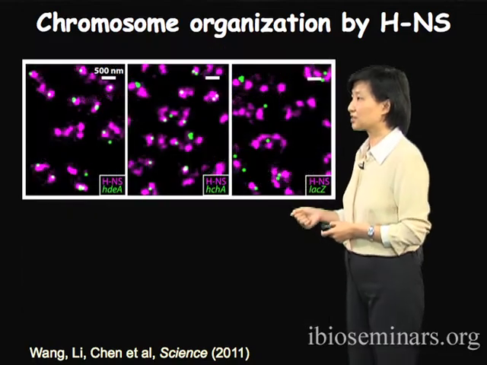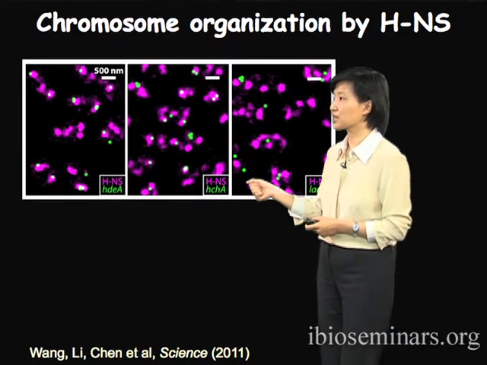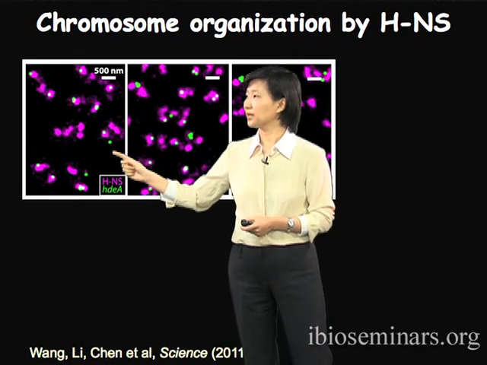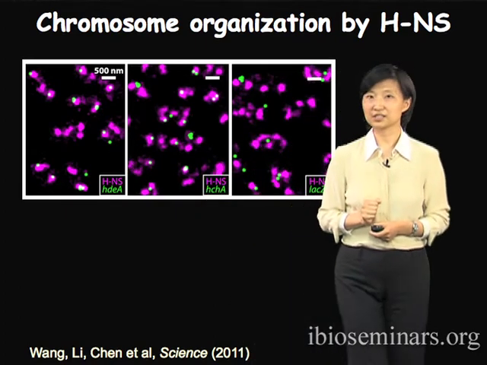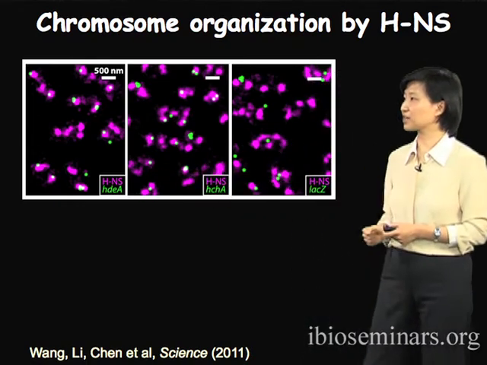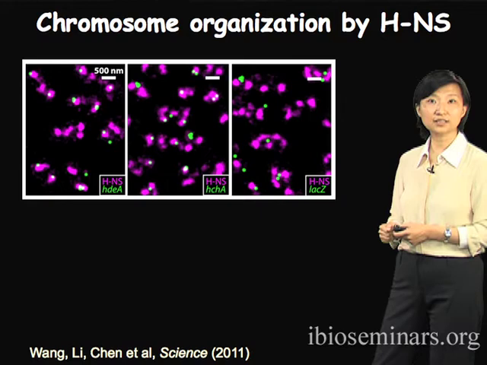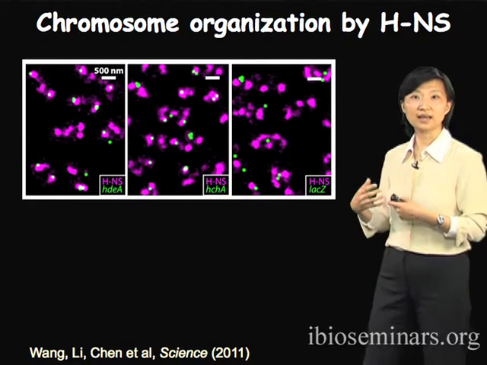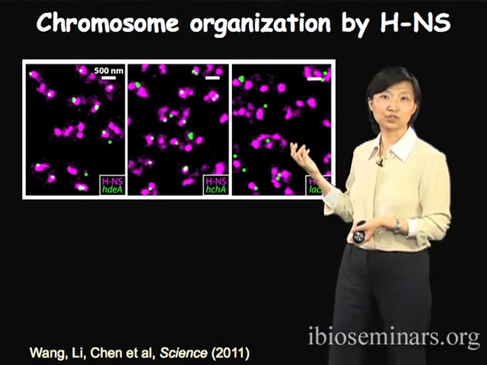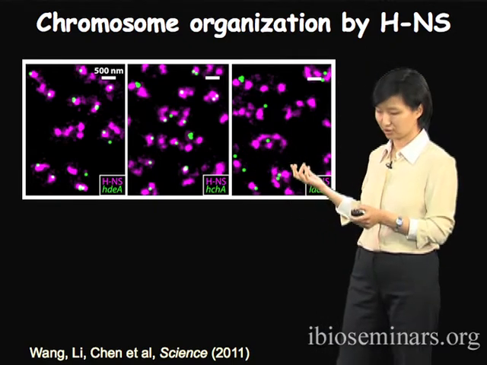Here are the 2-color super-resolution images of HNS in purple and the gene locus in green. As you can see on the left 2 panels, there's substantial co-localization between the gene locus and the HNS cluster, while there's no such co-localization for this control gene.